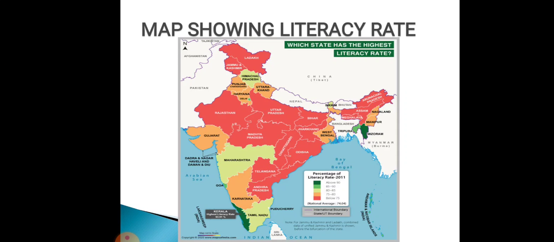And the states where the dark green color is there, it is Kerala and Mizoram. So, in this map, you can describe the literacy rate of various states, and then you can give the conclusion about the average literacy rate of India.